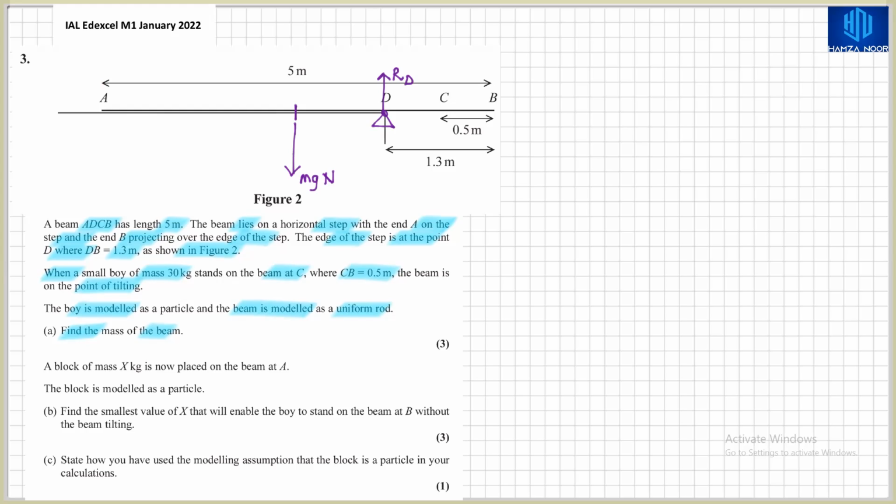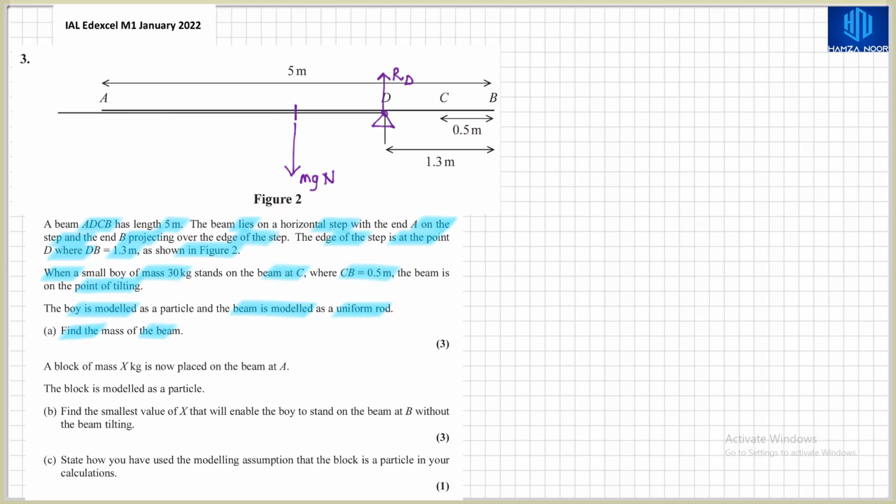If you place an object over here of a particular mass, let's say that object is so heavy that the beam is on the point of tilting. When the beam is on the point of tilting, it would be tilting about the point D. So here we would have a normal reaction force.